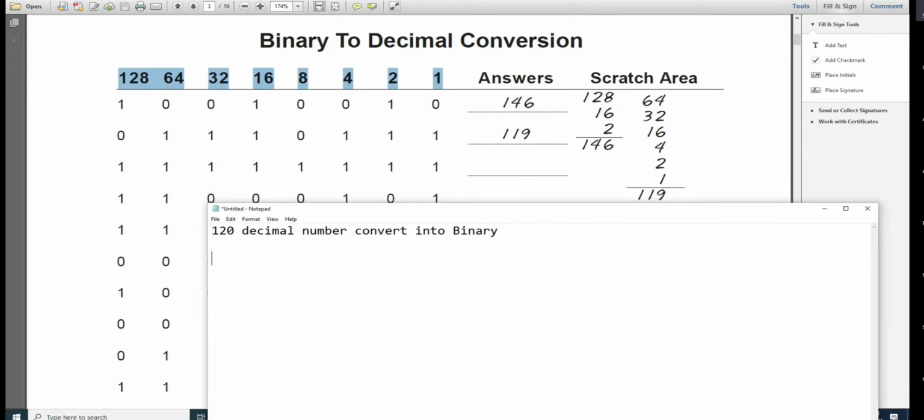First you need to write this scale: 128, 64, 32, 16, 8, 4, 2 and 1.